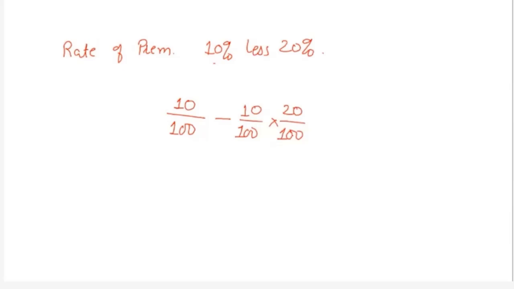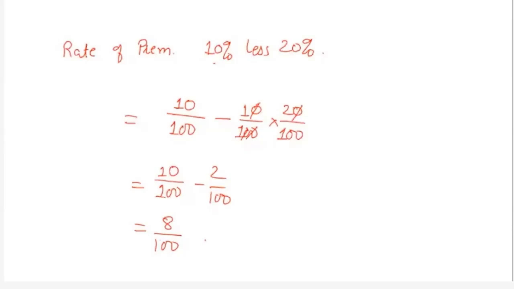Let us solve and see what answer we are getting. 0, 0 cut. 0, 0 cut. 2 upon 100. 10 upon 100 minus 2 upon 100 is equal to 8 upon 100. Correct?